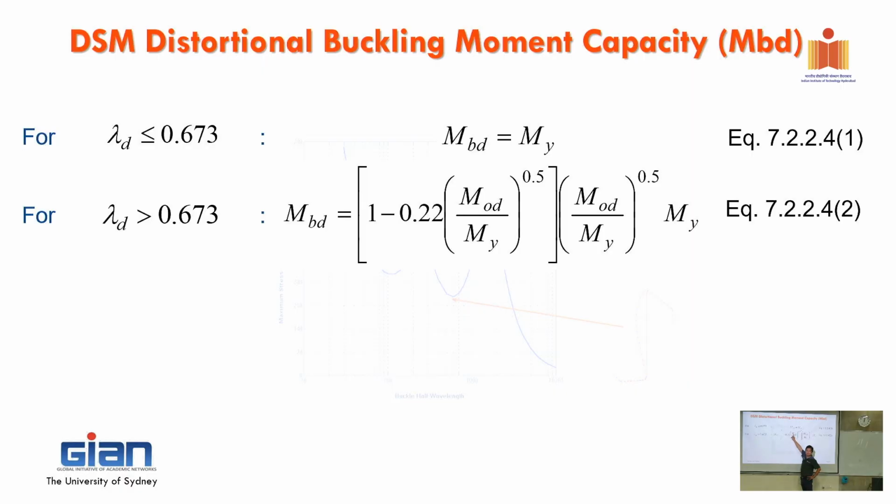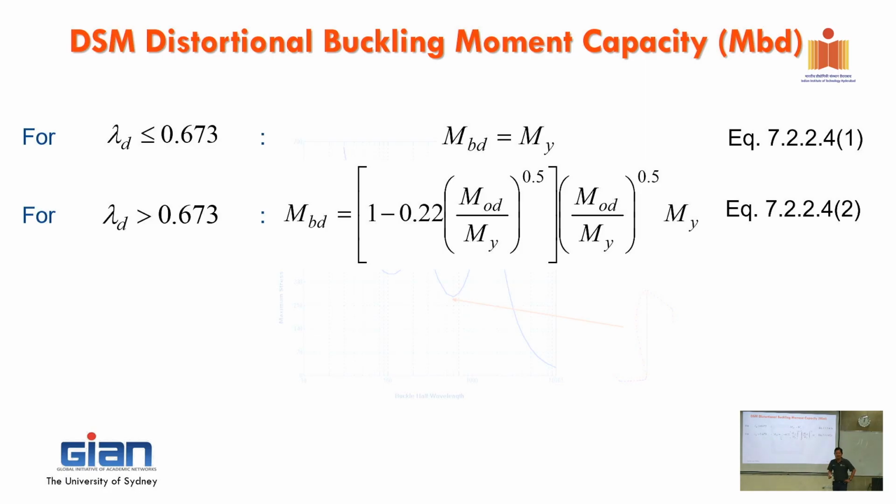So that is the elastic distortional buckling moment. And then from that, you plug into the direct strength method equation for distortional buckling. Then you got MBD, that is the distortional buckling strength. Different from the elastic distortional buckling moment in here.